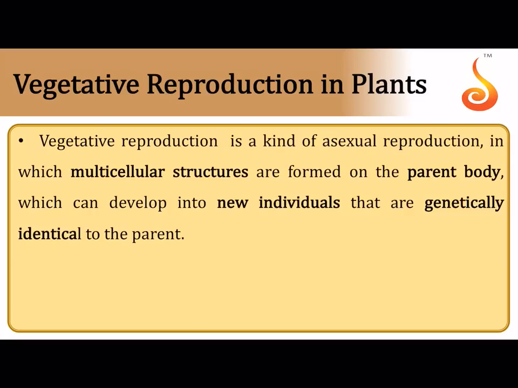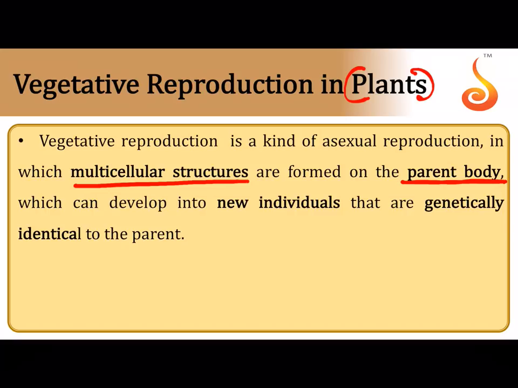Now moving on to the next type. It is a type of asexual reproduction, but we can say, more advanced. It is called vegetative reproduction. It is seen only in plants. How is it different from whatever asexual reproduction that we have discussed until now? The only difference is here there are multicellular structures that are produced on the parent body.